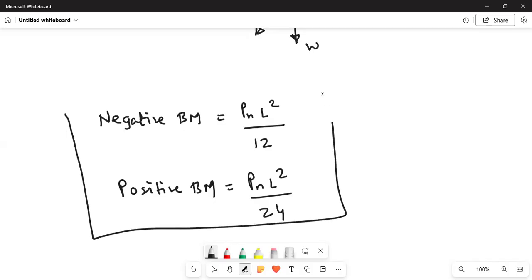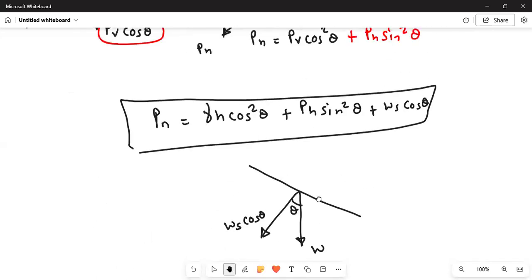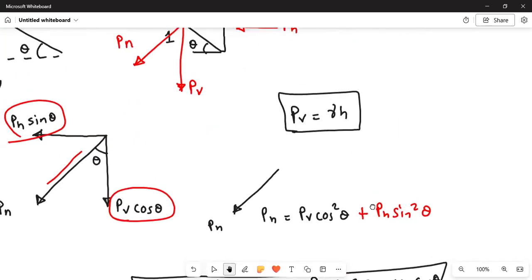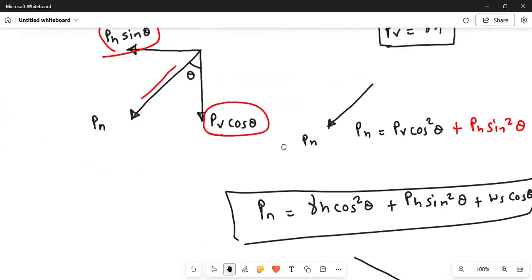So we have seen how to find the tension in the hopper bottom, and we have also seen how to find the bending moment in the hopper bottom. Now we can see the problem and we can solve the problem. So these are some of the derivations of the formula that we have to use in the problem.